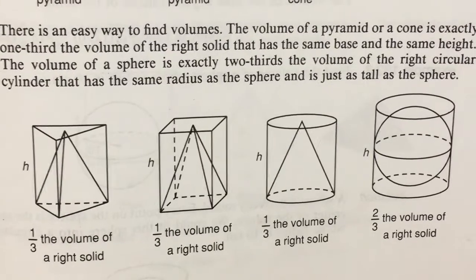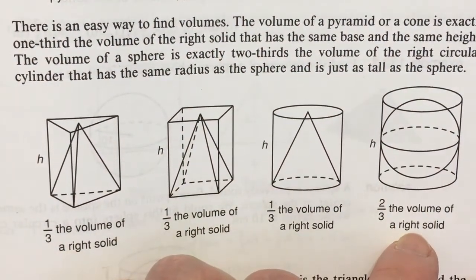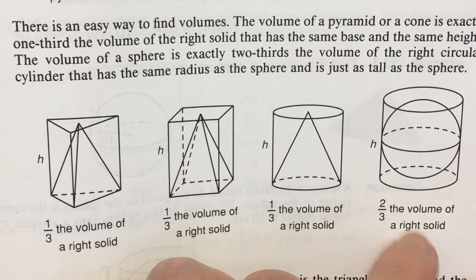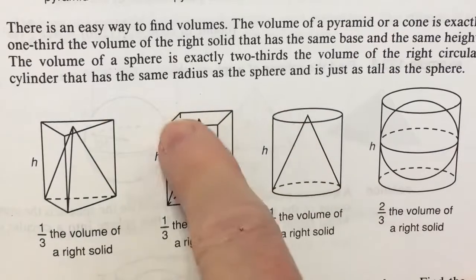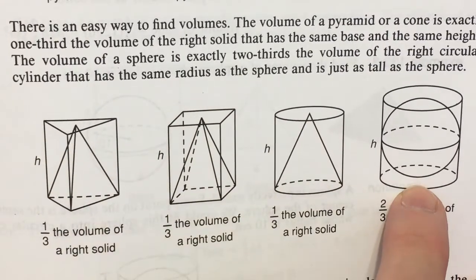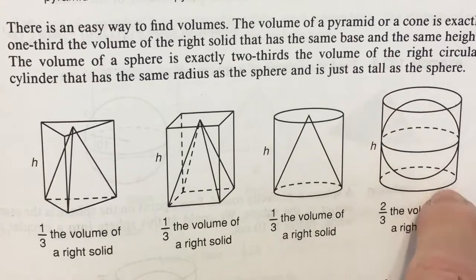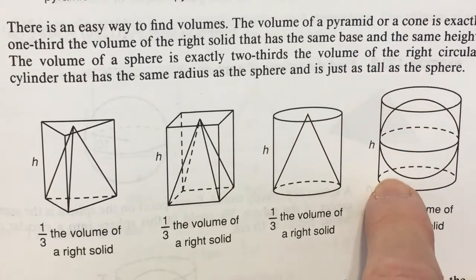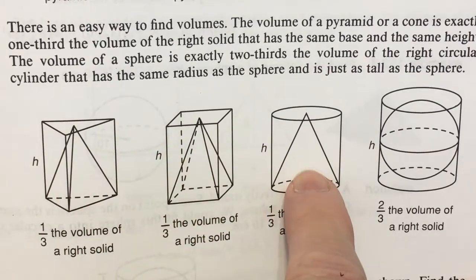Okay, and then we have 2/3 the volume of the right solid is the volume of the sphere. So everything else was 1/3, but this one is 2/3. And you can look at it, the volume of the sphere is much, much more than the volume of each one of these other cones.